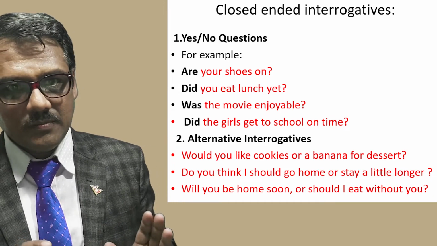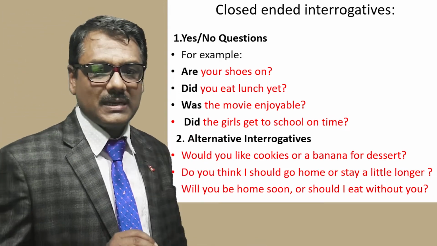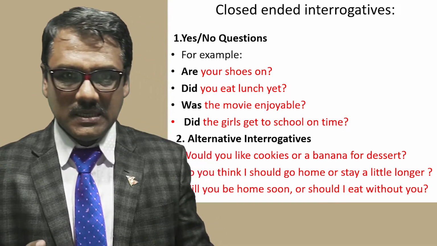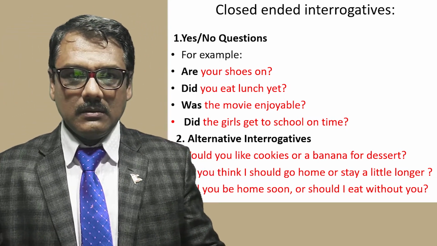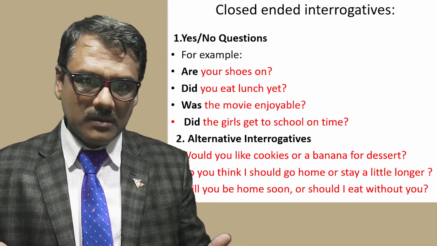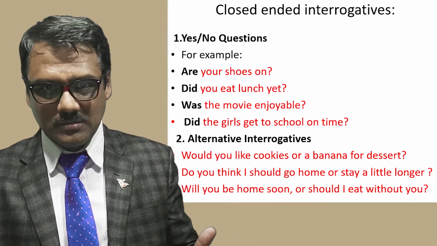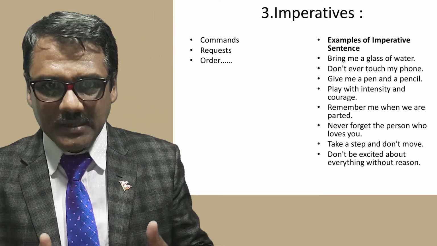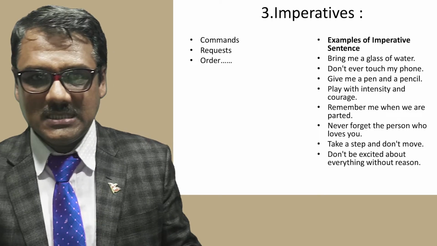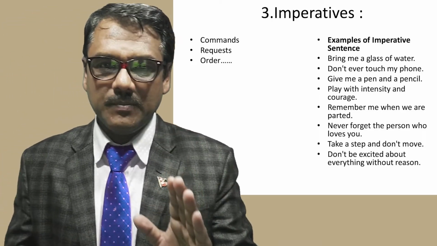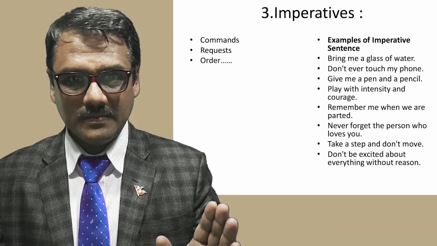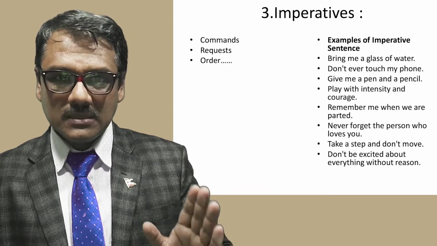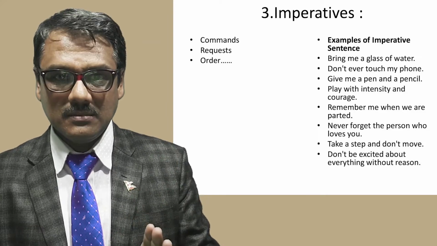Now let's move forward to the third one, that is imperative sentence. Dear students, an imperative sentence gives commands, orders, and requests. Mostly, how to identify an imperative sentence structurally is that the subject of an imperative sentence is deleted, right? That is hidden. The subject is you, but that is not written.